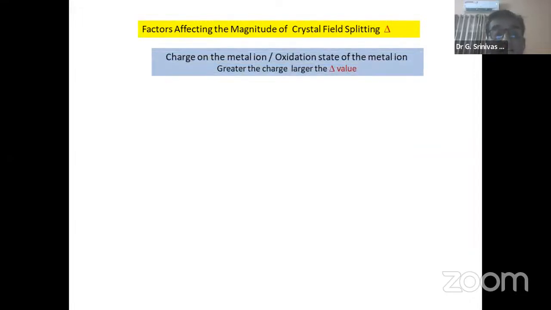So this is the size of the metal ion, or the row to which the metal ion belongs. Next is the charge on the metal ion, or oxidation state of the metal ion. The greater the charge, the larger the delta value. Here, cobalt +2 has absorption at 10,000 centimeter inverse, which resembles its CFSE, and cobalt +3 is 22,900.